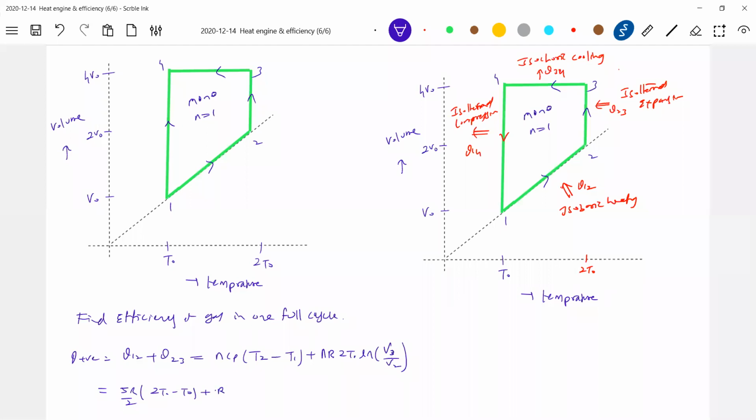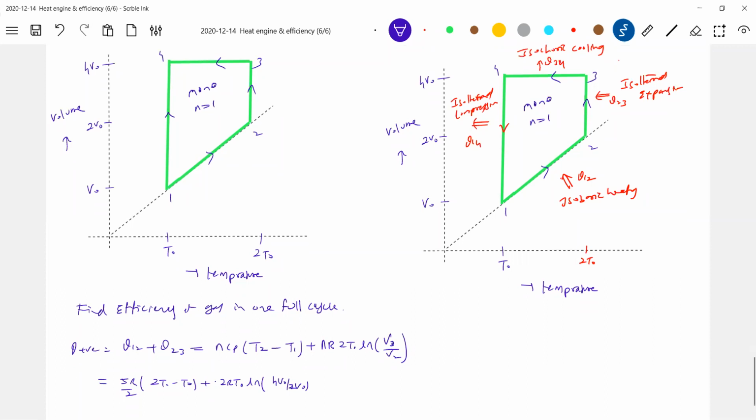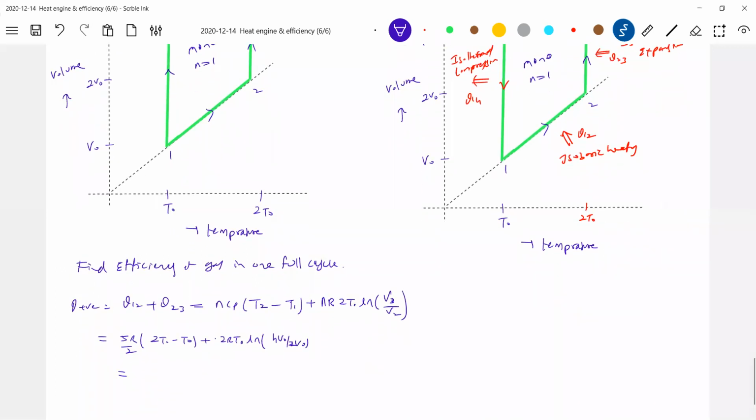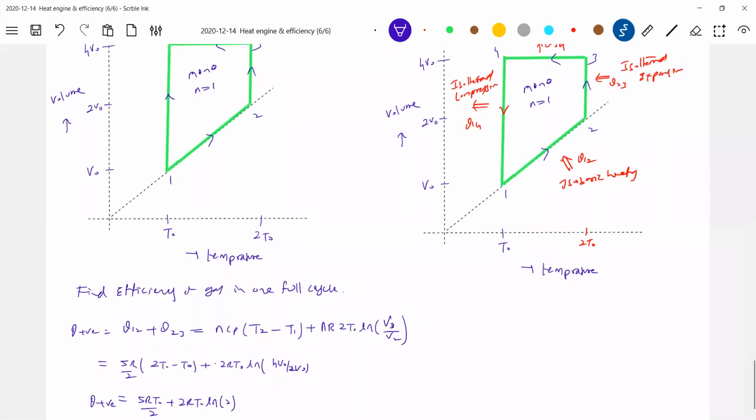So this will be 5R T0 by 2, plus 2R T0 ln(4V0 by 2V0). This is Q positive.